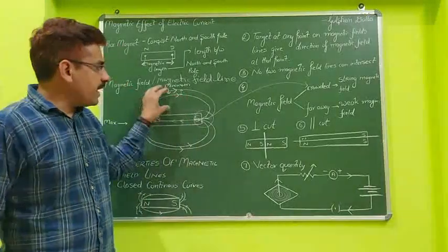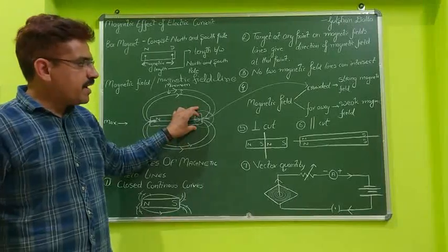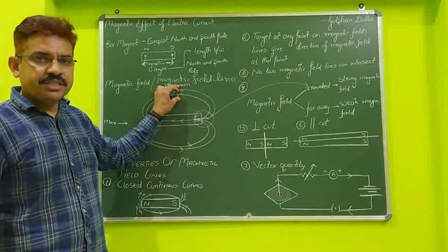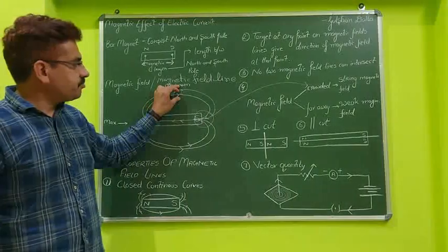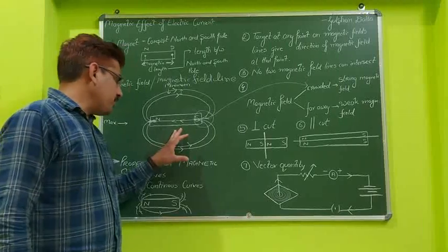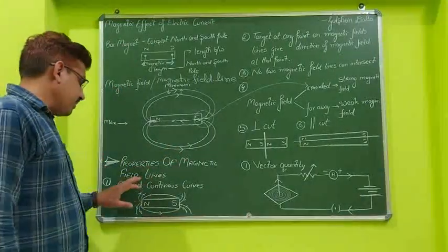If the magnetic field lines are closer to one another, a stronger magnetic field will be there, and if they are far apart from each other, the magnetic field will be minimum. So this is about the magnetic field. Next are the properties of the magnetic field lines.